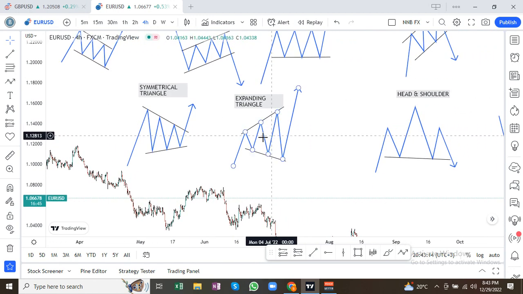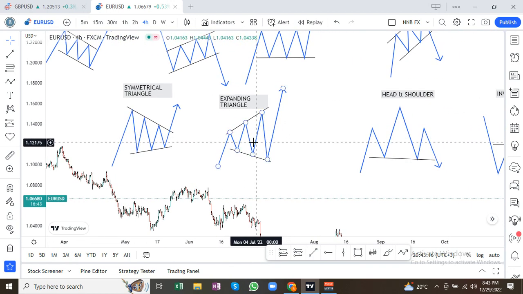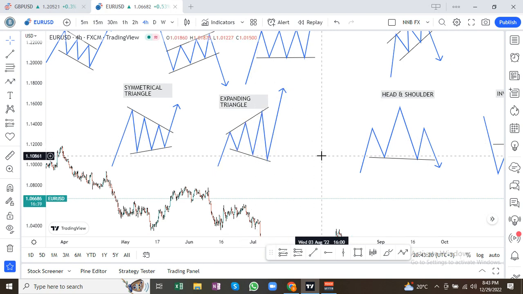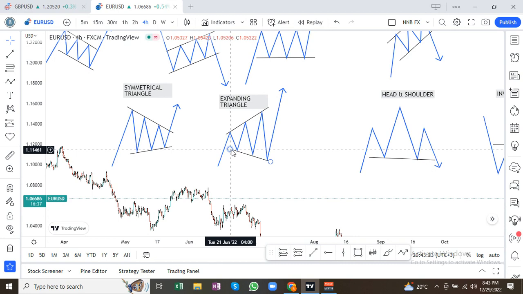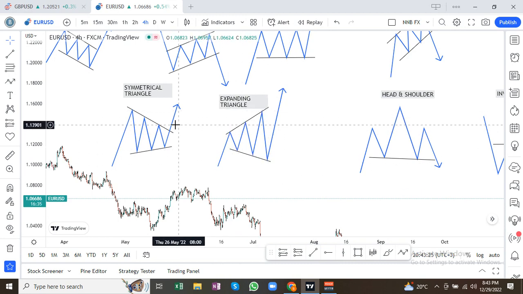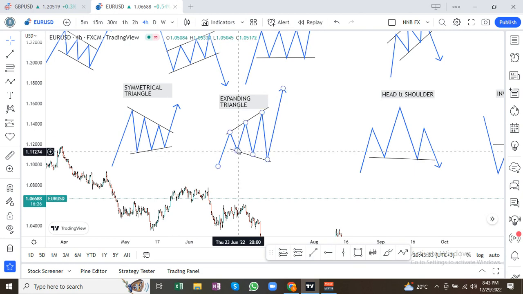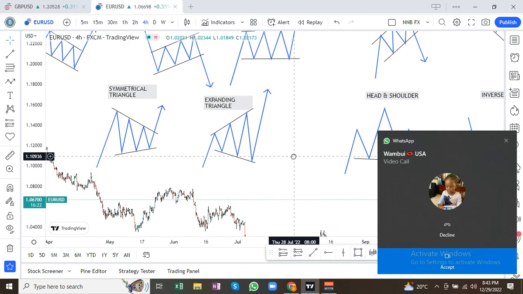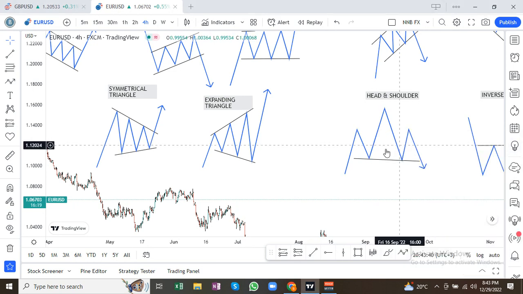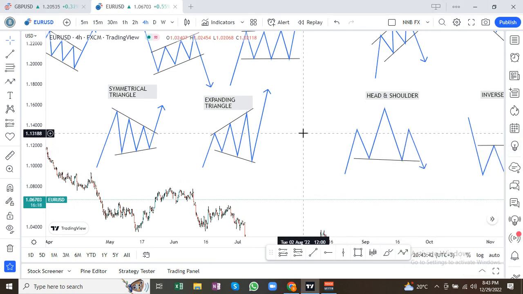The next pattern, which is still a continuation pattern, is the expanding triangle. The triangle expands outwards. It's just the opposite of the symmetrical triangle. The symmetrical triangle is as if it's being compressed, as you can see, and in the expanding triangle, the price action is as if it's expanding outside.